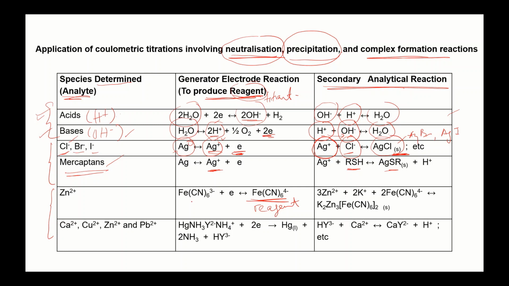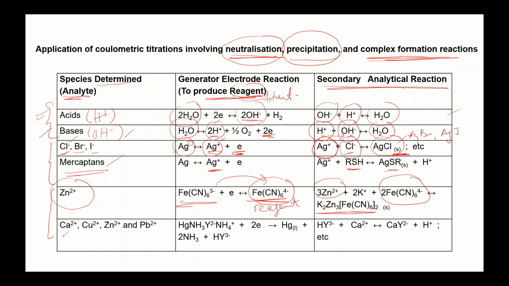It is produced through reduction of ferricyanate. This is ferricyanate reduced to ferrocyanate. So the reagent will react with analytes.